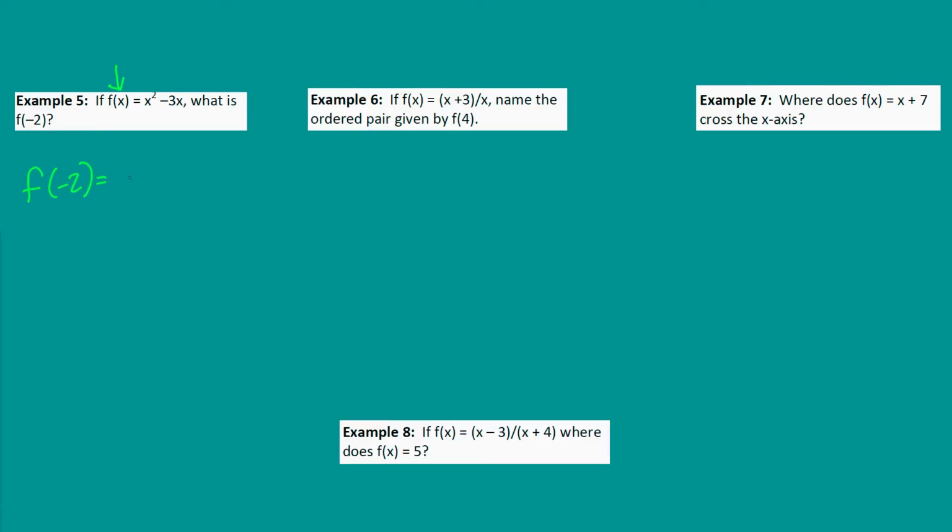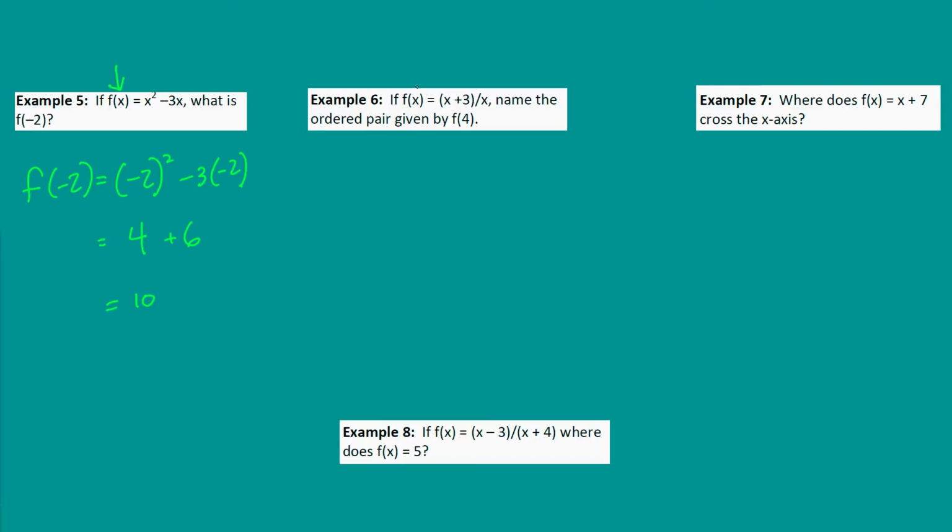You've got to be careful with the notation, so this is going to be negative 2 squared minus 3 times negative 2. So negative 2 squared is going to equal 4, and then this guy is going to be positive 6, so that'll be 10. So that just means I plugged in the value here into there. And it'll get more complex when we have various functions that we're plugging into functions.